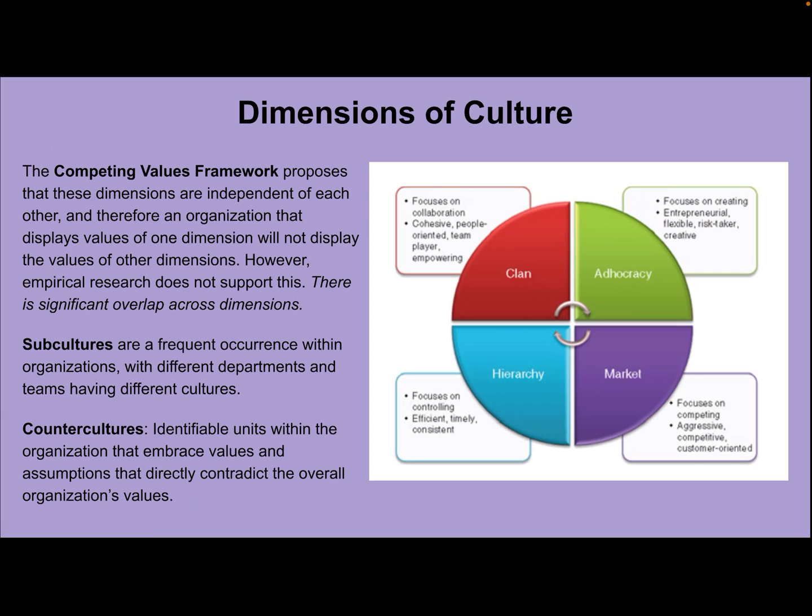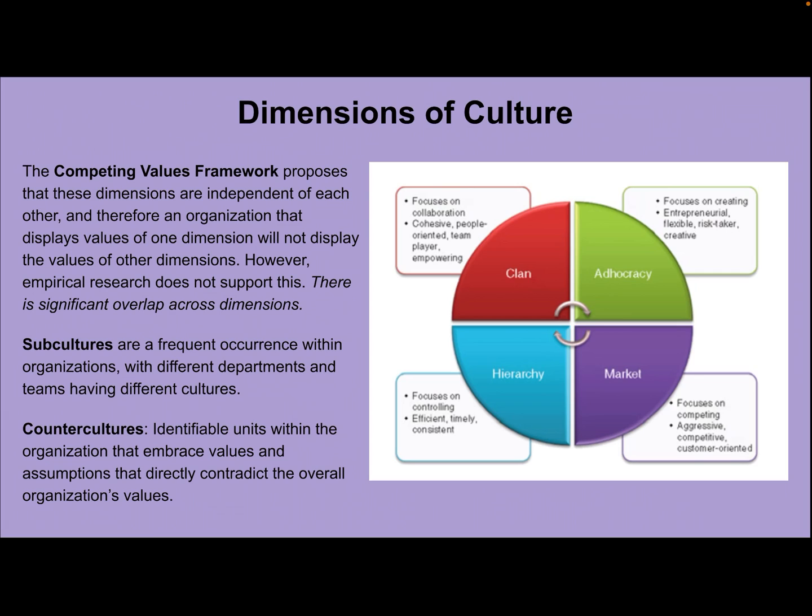Back over to the left, subcultures are a frequent occurrence within organizations, with different departments and teams having different cultures, right? So again, the general organization can fall into one of these main categories: clan, hierarchy, market, or adhocracy. But within it, there can be different departments or teams that have different tendencies.